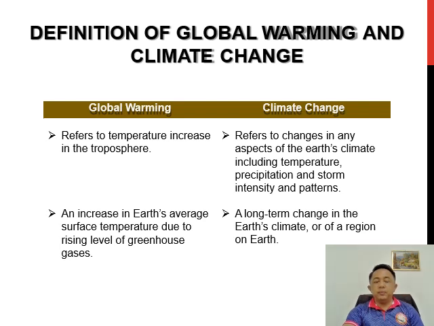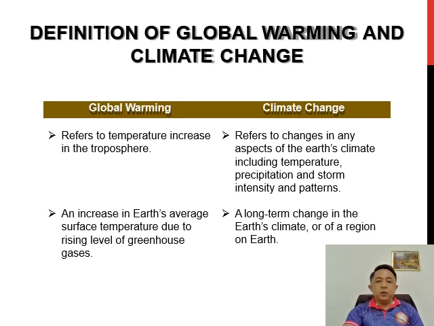There is a certain part of our atmosphere, the troposphere, where there will be an increased number of ions that will prevent the escape of heat that is being reflected by our planet. So an increasing temperature will also have an effect on the temperature of the Earth's surface.